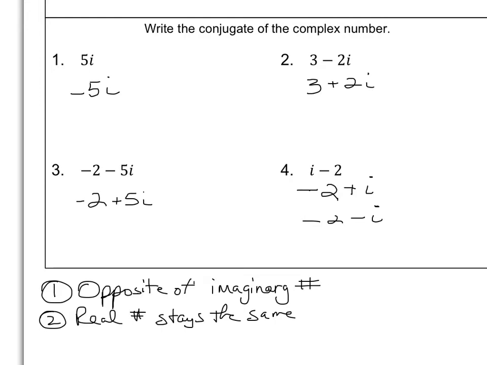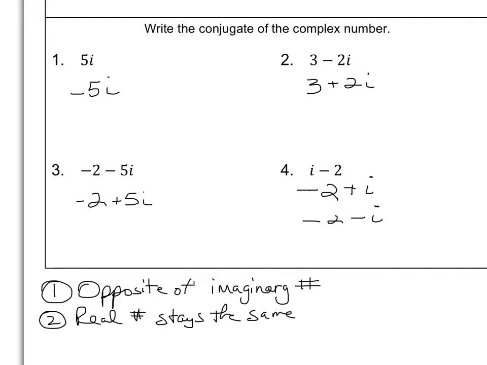Okay. Now, why is it that we're finding the conjugate of these numbers? Because when you multiply a number by its conjugate, what's going to happen is you're going to be able to eliminate your i value.